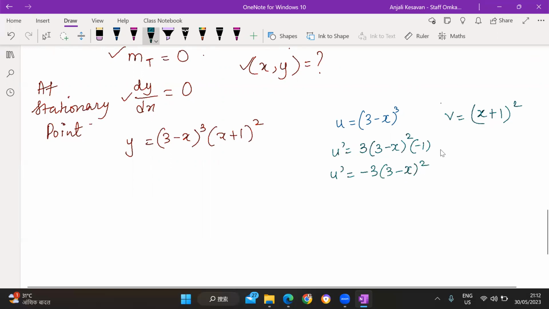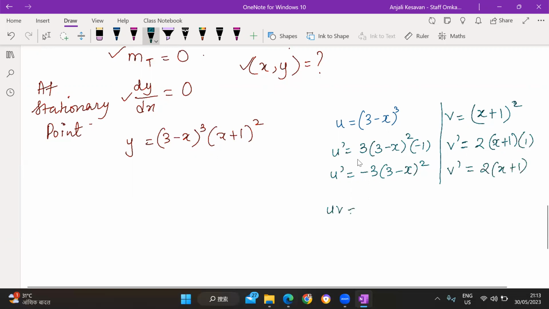Now what is your v prime? 2 times x plus 1 raised to 2 minus 1, which is 1, and the derivative of the inside is 1. So v prime is 2 times x plus 1. How do we find it?